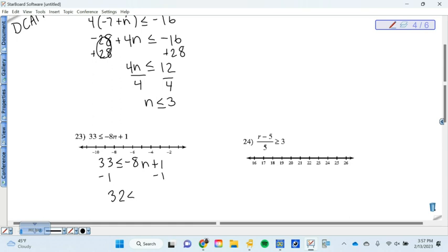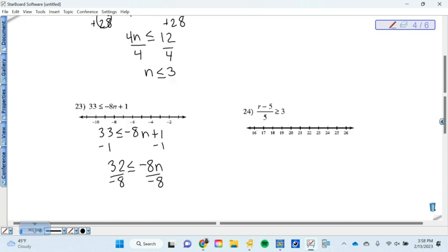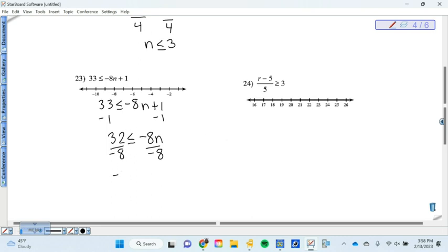So 32 is less than or equal to -8n. Now what? Divide by -8. So that's -4. Tell me the rest. You flip the sign so it becomes greater than or equal to n. -4 is greater than or equal to n.